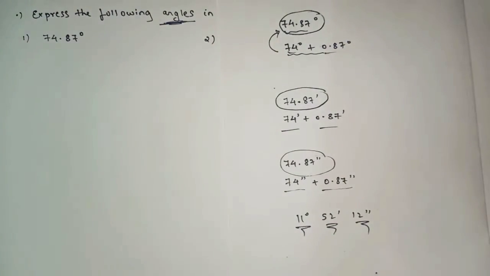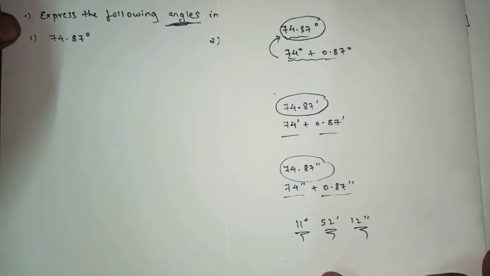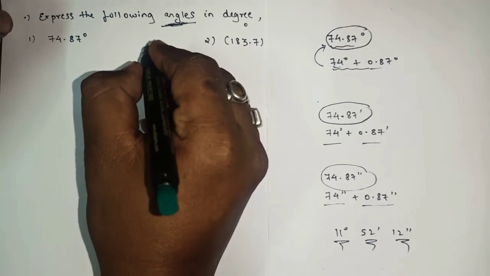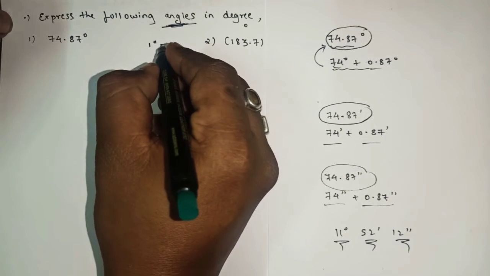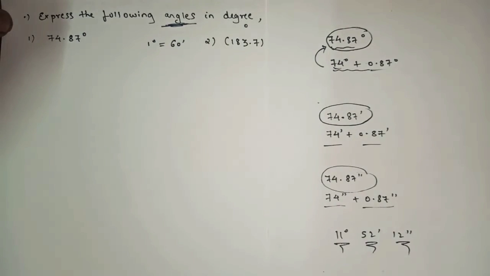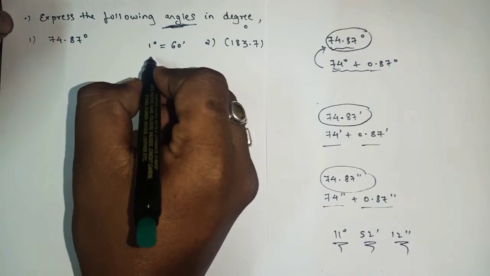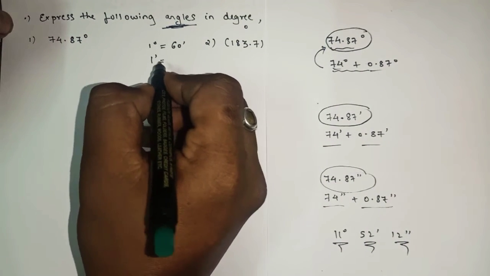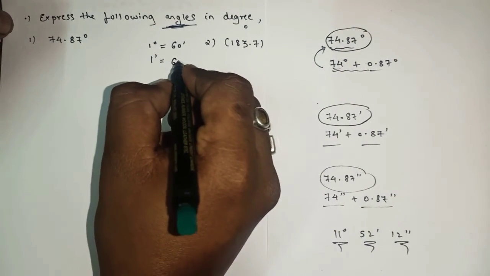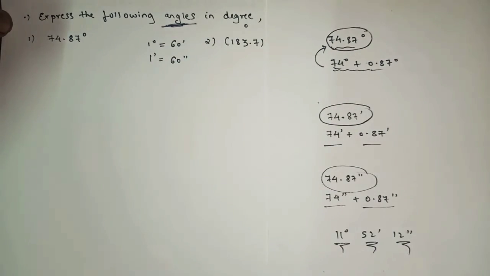As we know, to convert degree into minute, 1 degree is equal to 60 minute. If you want to convert minute into second, again multiply by 60. So 1 degree is equal to 60 minute and 1 minute is equal to 60 second.